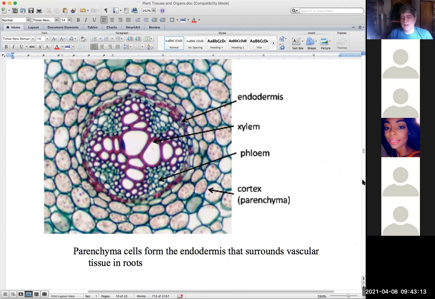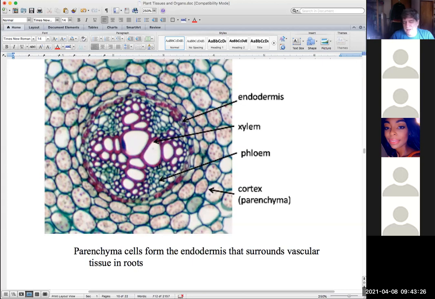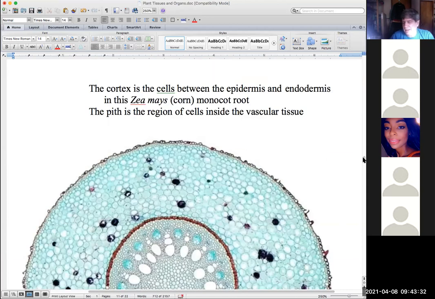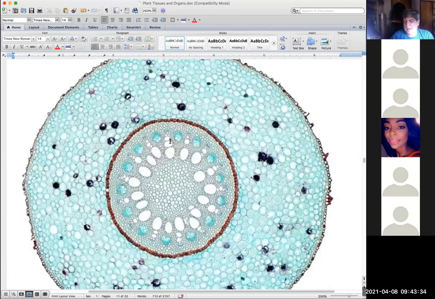So one of the things we can do, and this is kind of our starting point, is look at the pattern of xylem and phloem in a cross section. In a dicot root, we see this X-shape with the phloem in between the branches of the xylem. In a monocot, we see this ring of xylem and phloem.